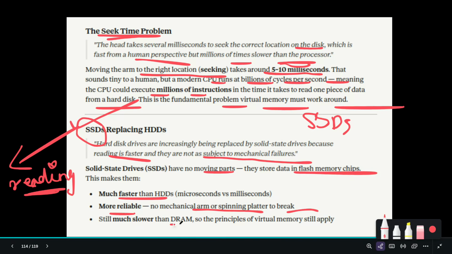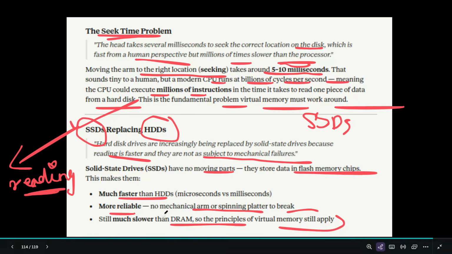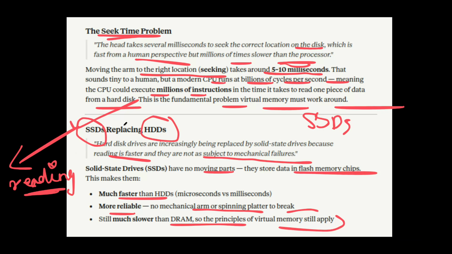Still much slower than DRAM. So the principle of virtual memory still applies. Though we feel it is faster than HDD, it is still slower than our DRAM. That is why we consider SSD also as a part of our virtual memory. SSD is a solid state drive, and it is more reliable because it has fewer mechanical failures, and with flash memory chips we are able to store data because there is no moving part.